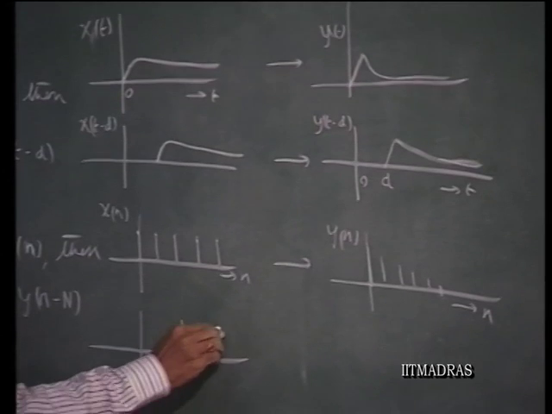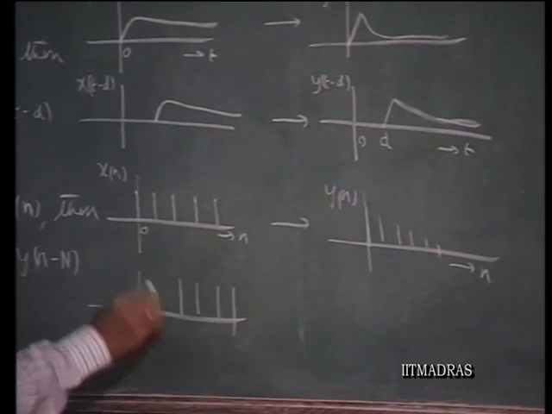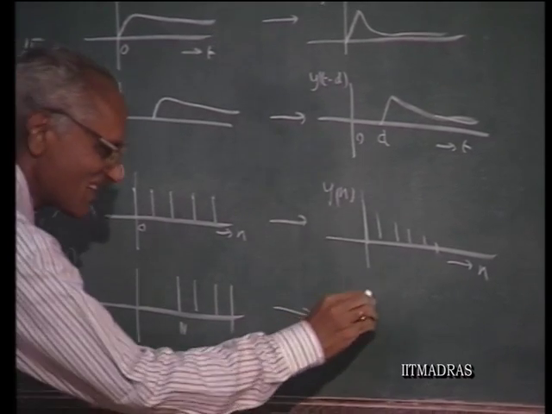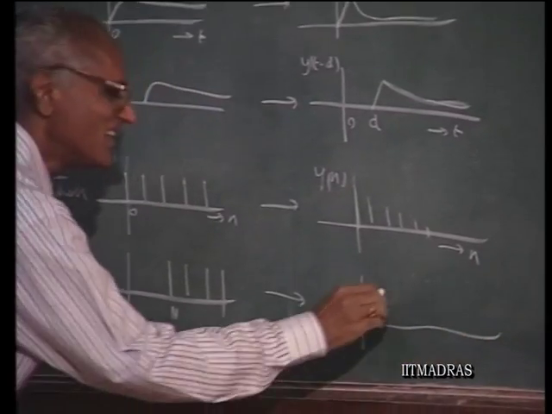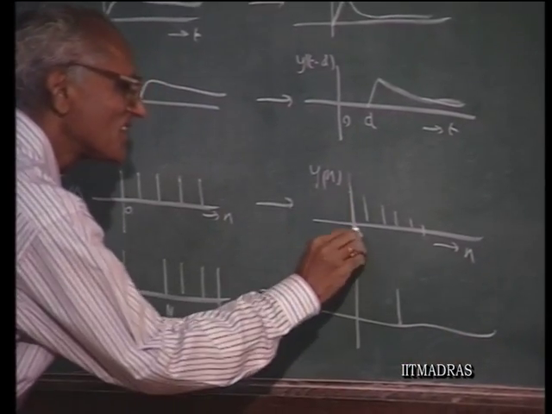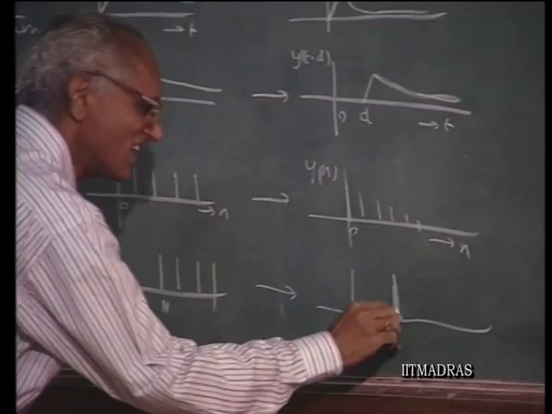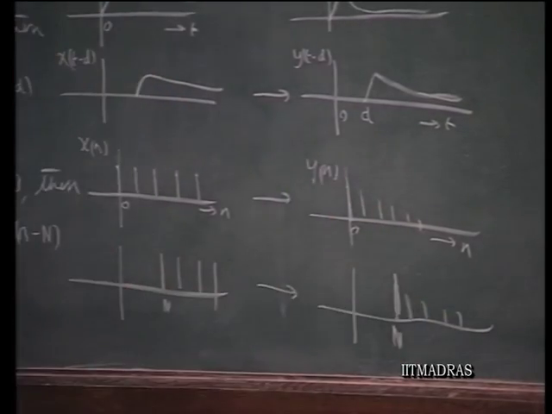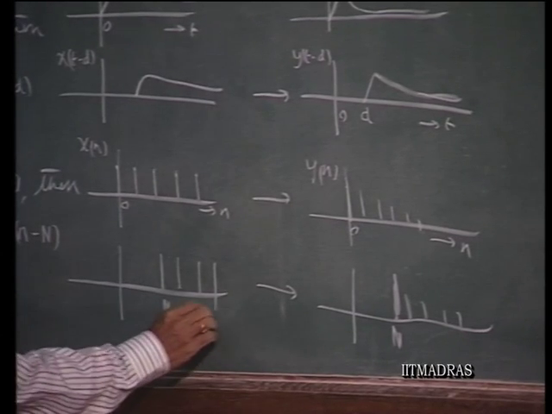So, that means it starts here. So, instead of 0, it starts at n. That is your x[n], otherwise it is the same. And then the corresponding y of n would start not at 0, but at point n here, and then it is as if this whole output is translated along the x axis by n units.